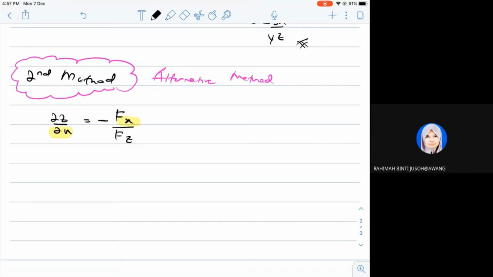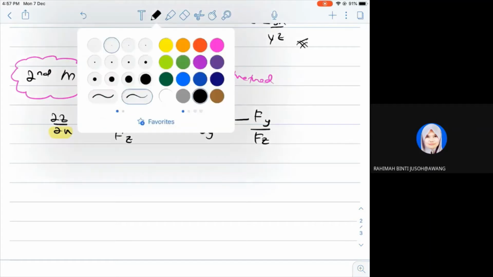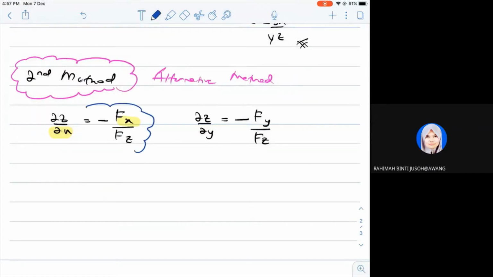Alright, and then if you want to find del z over del y, the formula is negative also, but now we have f y, divided by fz. So we have two formulas for the second method. For the second method ni, you akan ada dua formula ni lah.